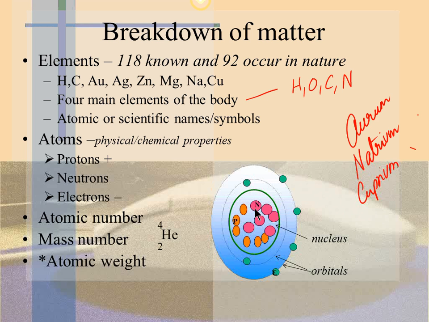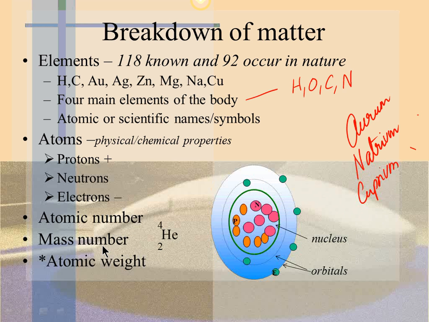Now we have some terms that we use. Atomic number is the number of protons that an element or an atom has, and is written at the lower left-hand corner here. So for example, helium, its atomic number is 2, so it has 2 protons.